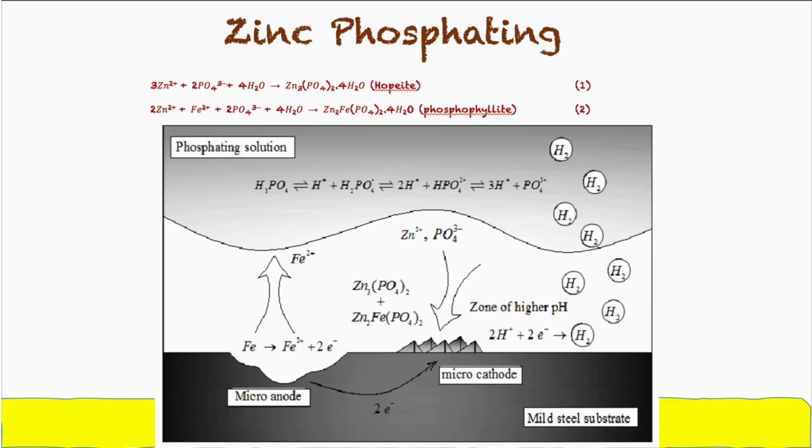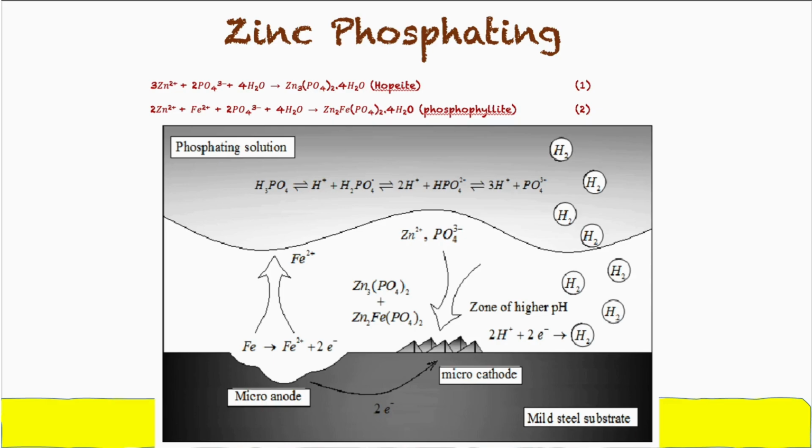Depending on the concentration of zinc in the treatment bath, different crystals can be deposited. If we have a relatively high zinc concentration, then the crystals are predominantly hydrated as in equation number 1, and the product formed is called hopeite. For lower concentrations of zinc, or zinc starved conditions, the crystals are of phosphophyllite, Zn2Fe(PO4)2 with 4 molecules of water.